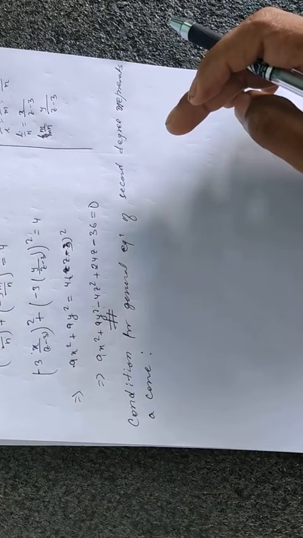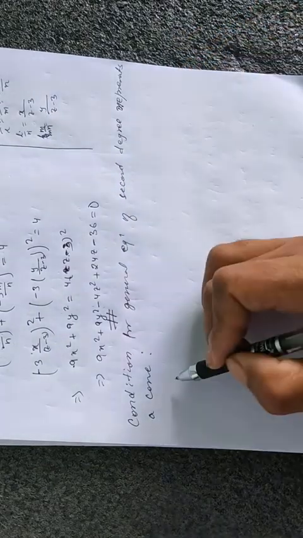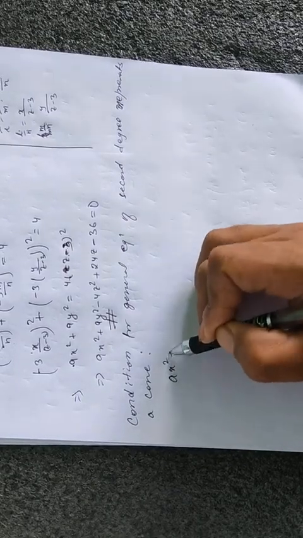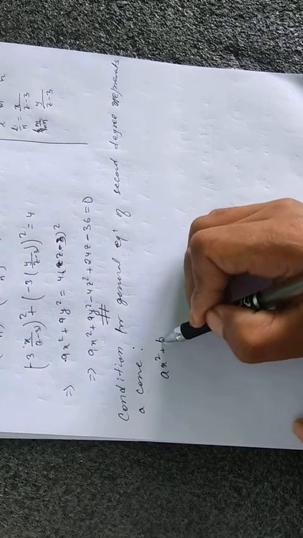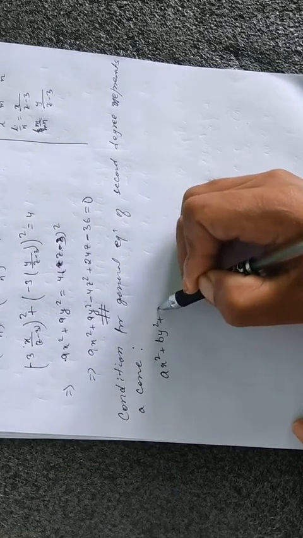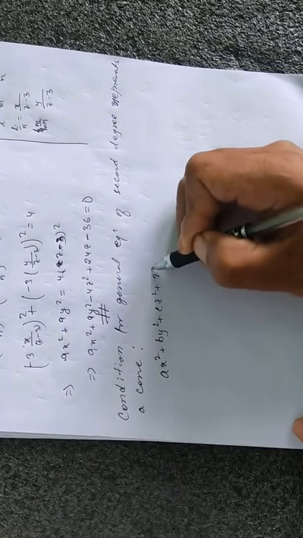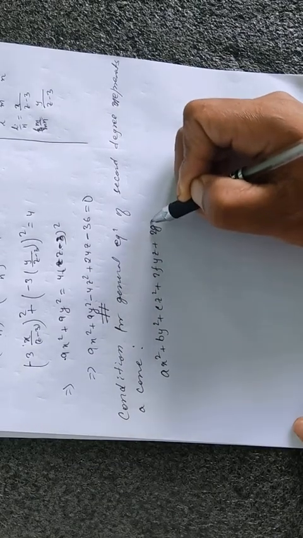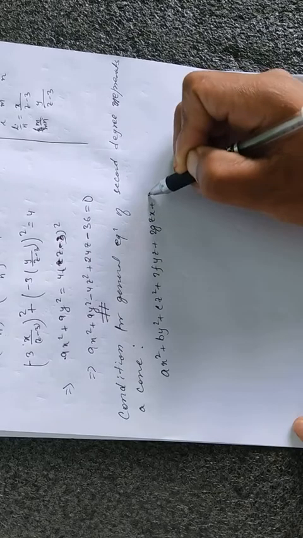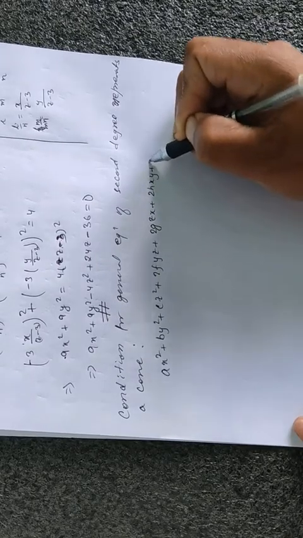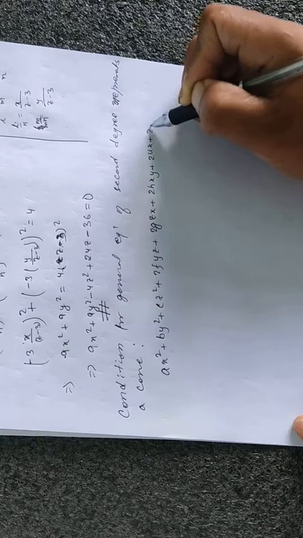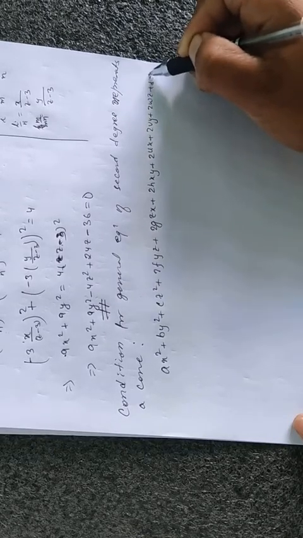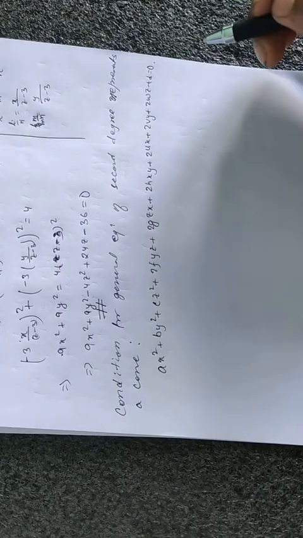Suppose we have a general equation ax square plus by square plus cz square plus 2fyz plus 2gzx plus 2hxy plus 2ux plus 2vy plus 2wz plus d equal to 0, which is the general equation of second degree.